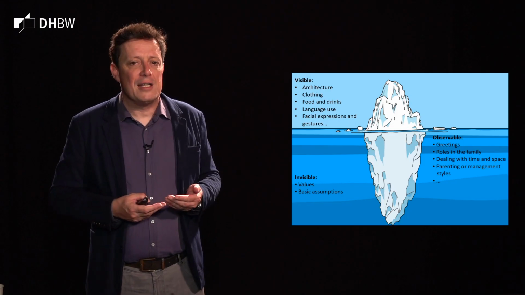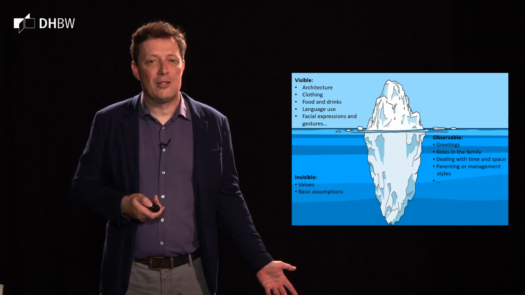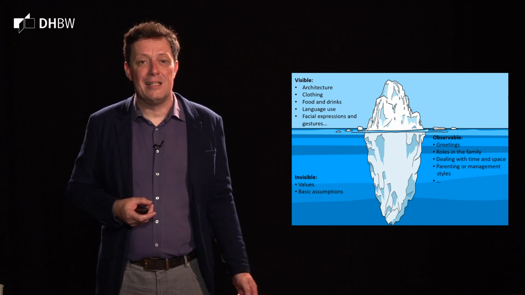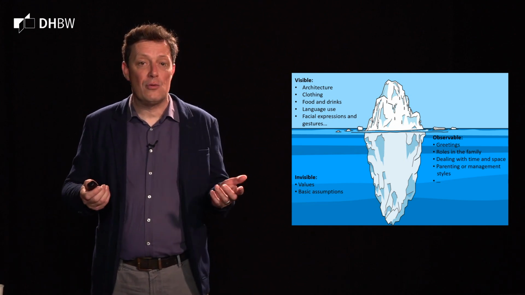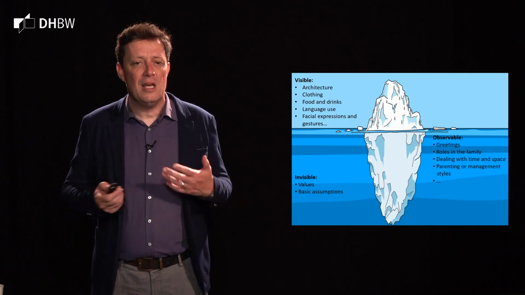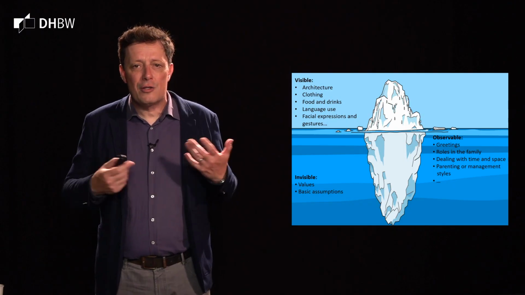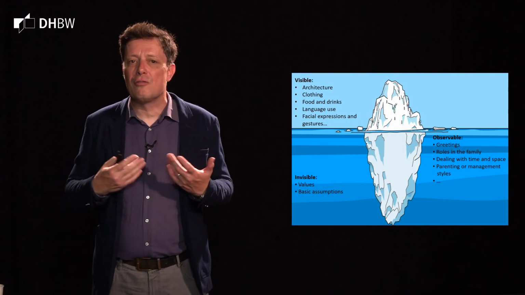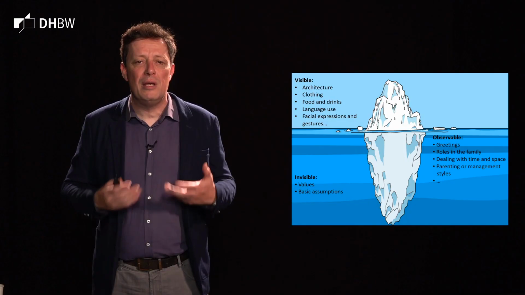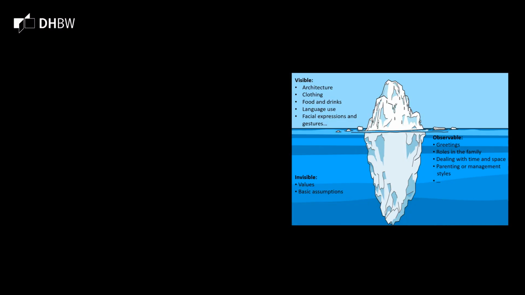The parts of the iceberg hidden deep below the water are not at all or less easily recognizable. Values, norms, basic assumptions about time and space, the design of relationships and much more shape the cultural identity of an individual and can only be recognized or analyzed to a very limited extent.